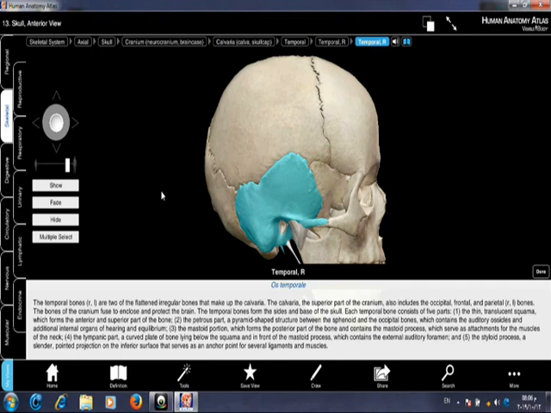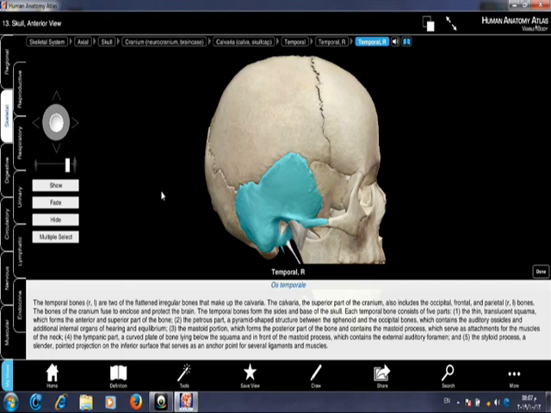Number one, the thin translucent squama, which forms the anterior and superior parts of the bone. Number two, the petrous part, a pyramid-shaped structure between the sphenoid and the occipital bones, which contains the auditory ossicles and additional internal organs of hearing and equilibrium.